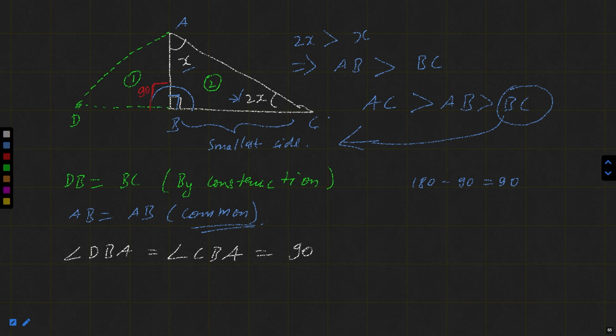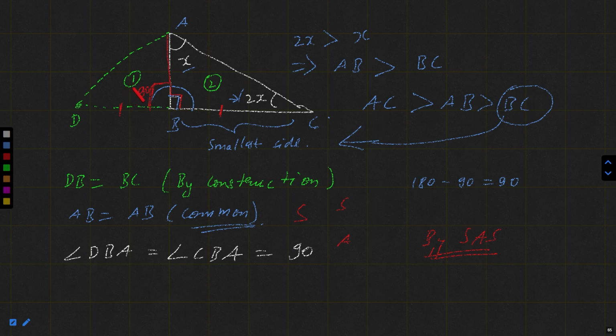So from this I can say this side is equal to this side, this angle is equal to this angle, and this is already common. So by side angle side, both of my triangles 1 and 2 are congruent to each other. Okay, so what if they are congruent?